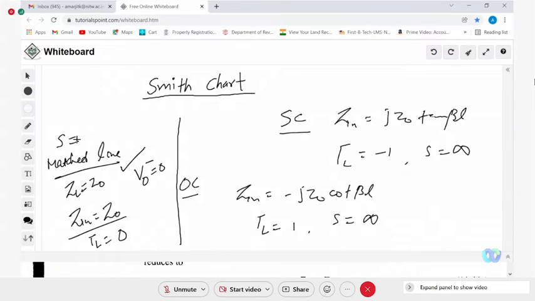The standing wave ratio will be equal to 1, since 1 plus mod gamma, which is 0, divided by 1 minus mod gamma, so it is 1. So basically, for the perfect matching of the lossless transmission line, we need a standing wave ratio equal to 1.